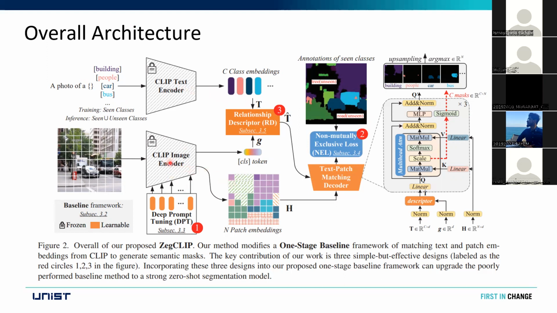From the image encoder, we get the embedding for each patch, and we also get some token from the text encoder. Using that token, we get the relationship descriptor, and using this together with the patch embedding, we can finally get the segmentation result.